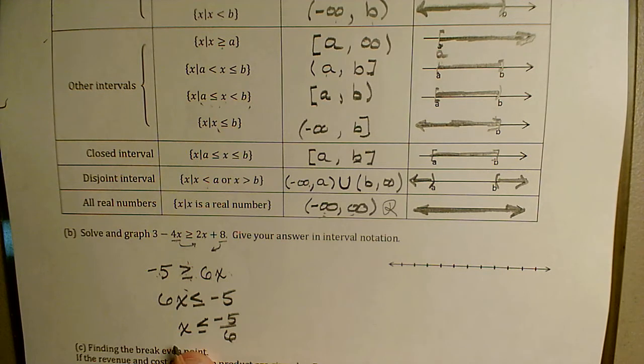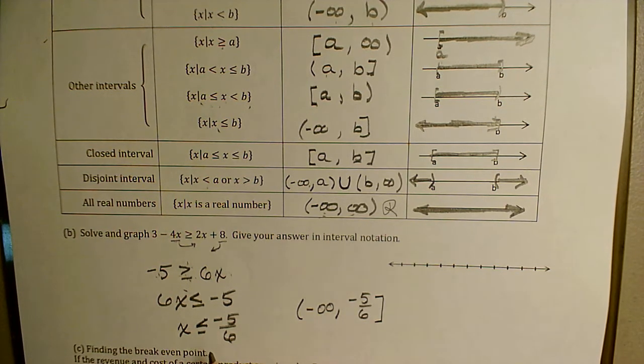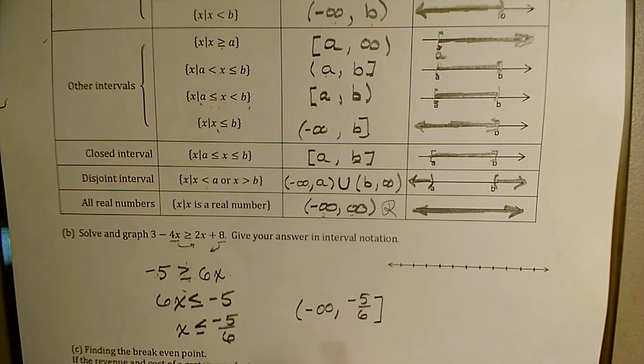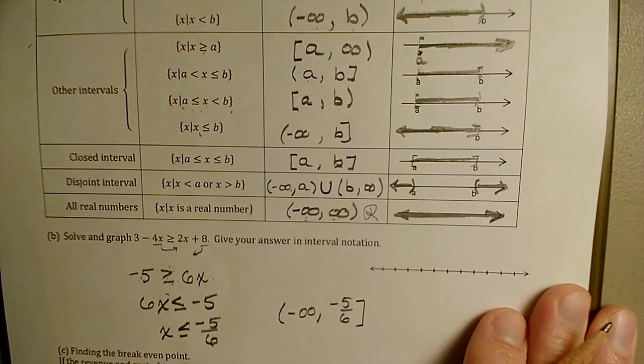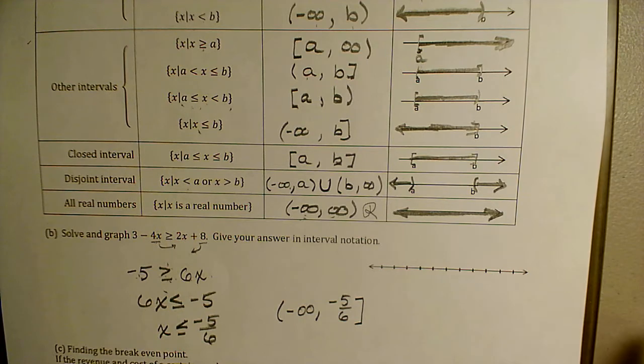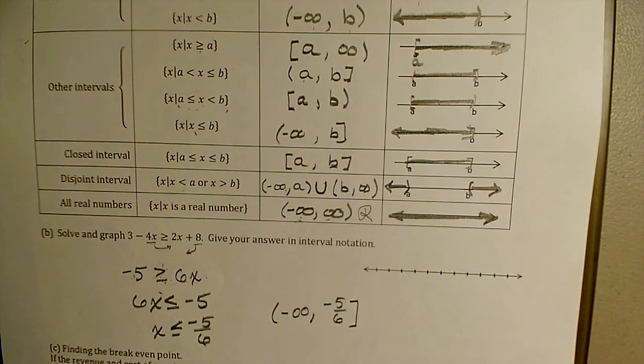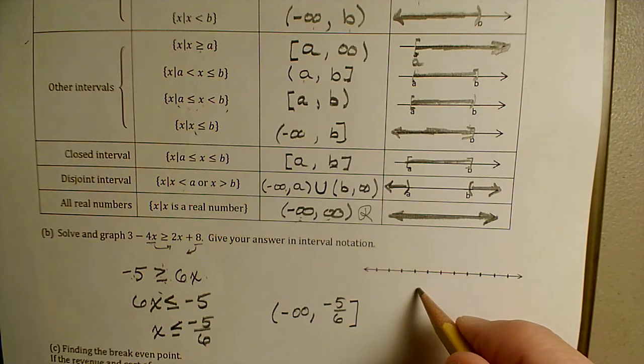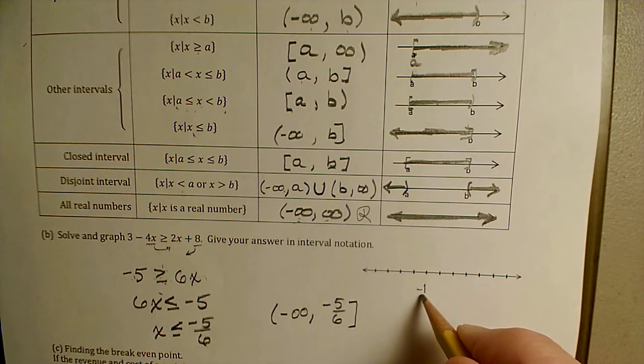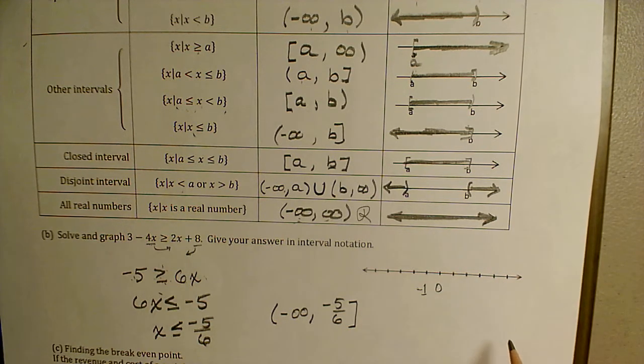Okay. And then we wanted to write that in interval notation. So it's less than that, so that's going to be starting at negative infinity up to -5/6, and we'll use a bracket because it's inclusive of our boundary. Okay, so then we just want to graph that. What can we do? We could do -1 here, and we could do 0 here.